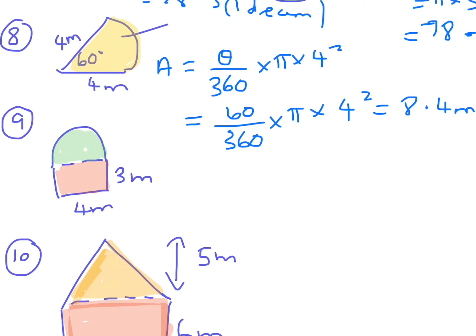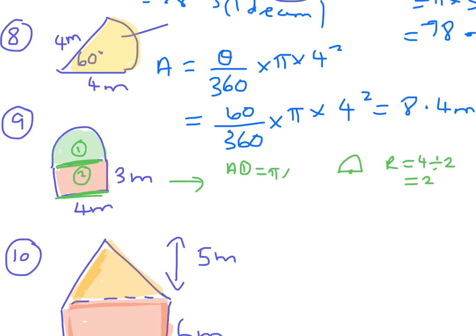Okay, so looking at this next one here, we have 2 areas here. So area 1, which is just the semicircle or half a circle, you need to get the radius. Now 4 is all the way across, so the radius would equal 4 divided by 2, which will equal 2. So that's going to be pi times radius squared, but it is half a circle, so you divide by 2.